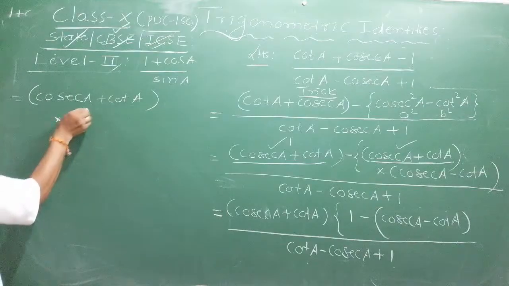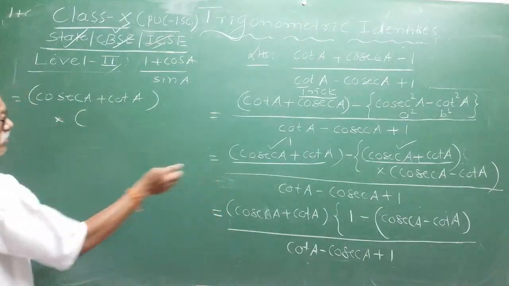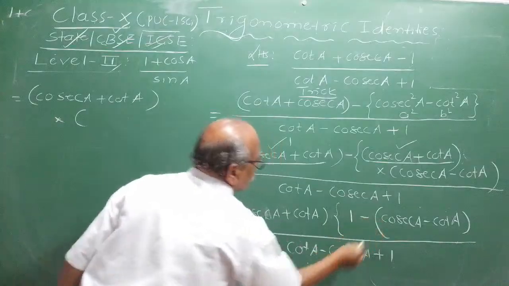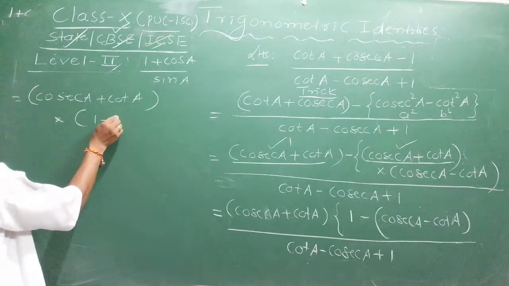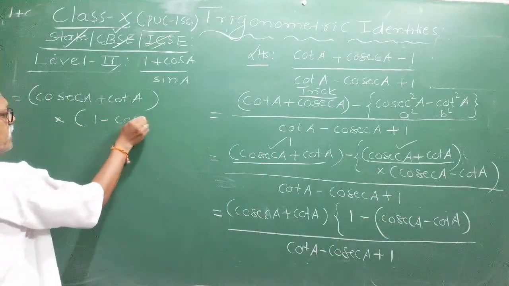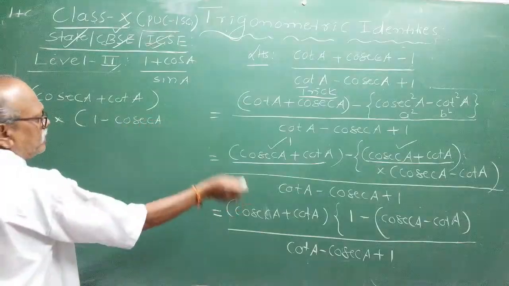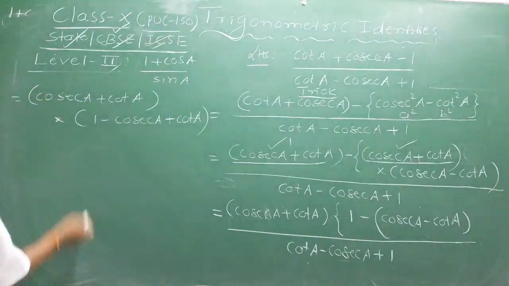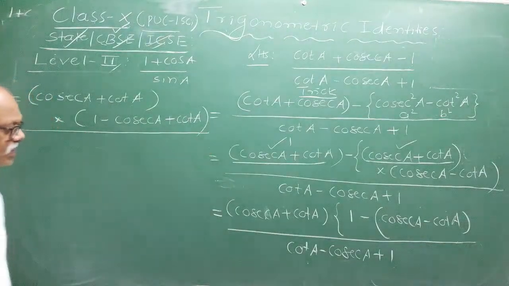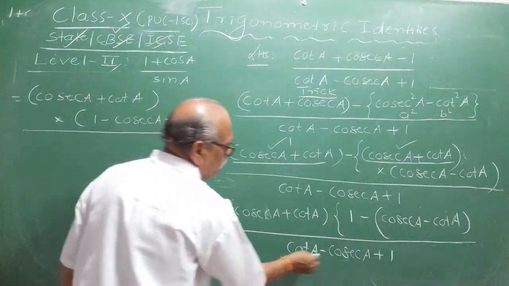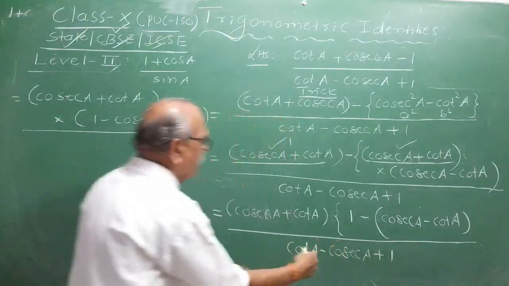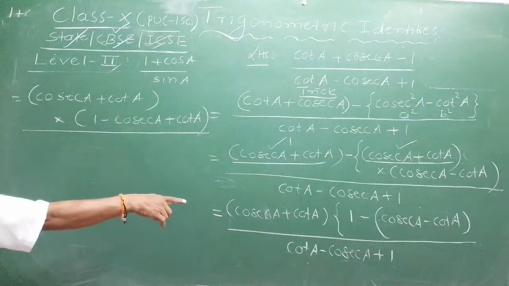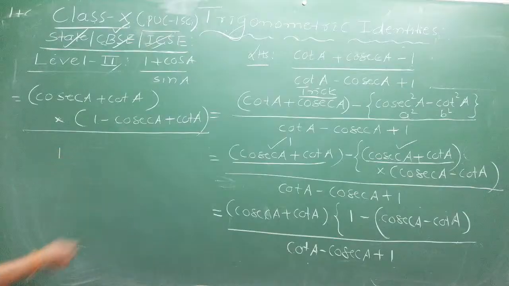Into, remove the bracket. Minus into plus becomes minus, 1 minus cosec a. Minus into minus is plus cot a. I hope you are following. Whole divided by, observe, you have cot a minus cosec a plus 1. I will rearrange them. Plus 1 is there, so I will write plus 1 first.